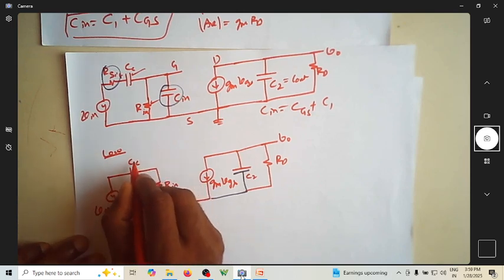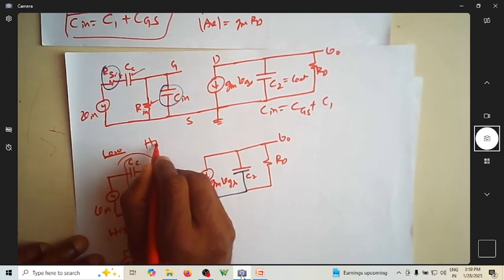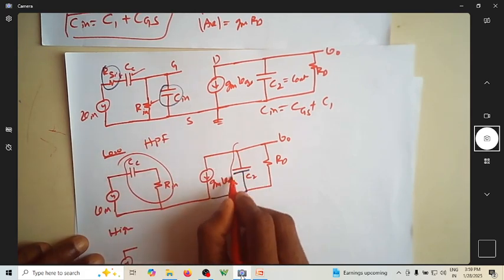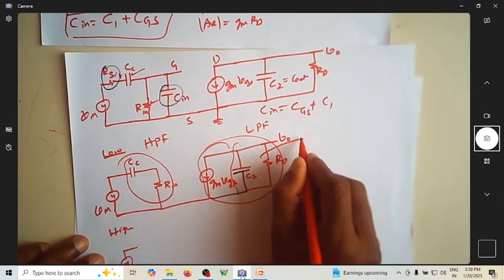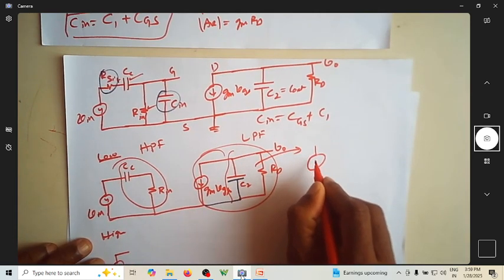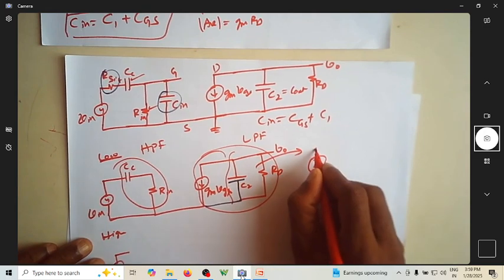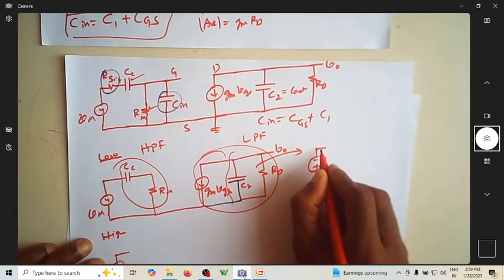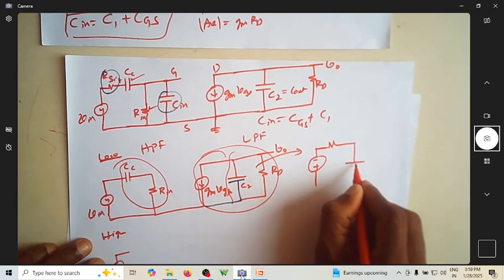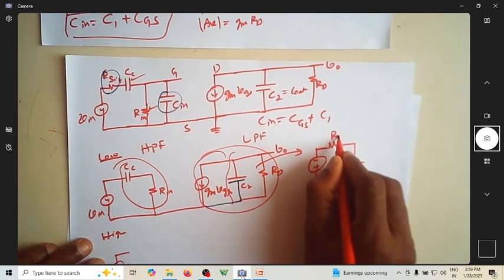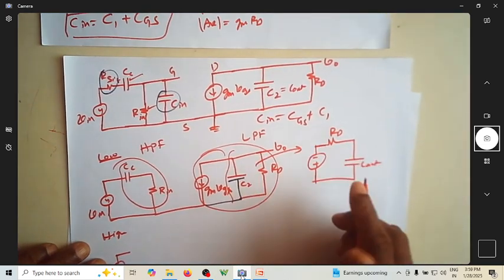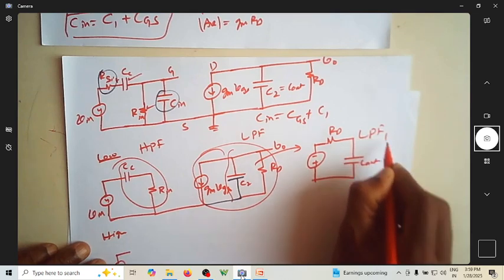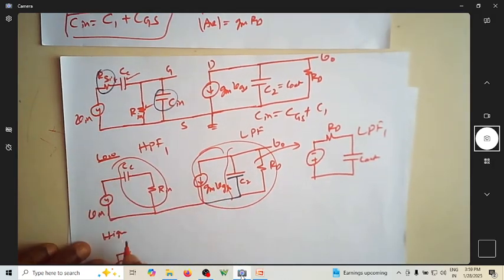So this is actually a high pass filter, and this is a low pass filter. Of course, this can be rewritten as something like this. This is minus plus, and this resistor will come here, and this is your capacitor. This is RD, this is C out. So this is low pass filter one. This is high pass filter one.